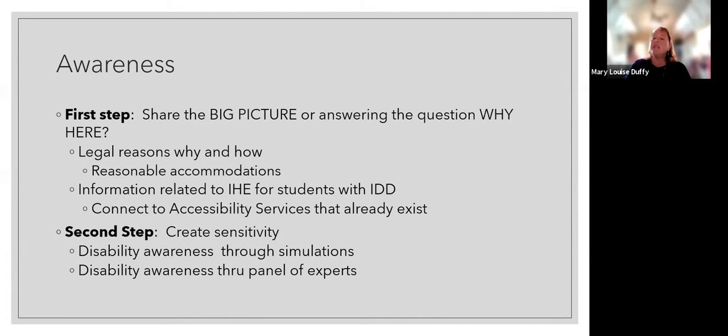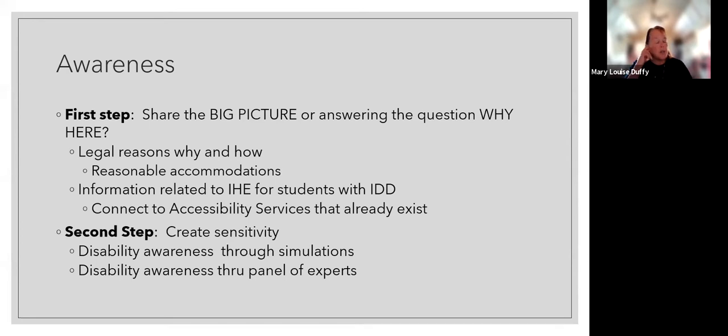You can hit them with the legal reasons. You can hit them with, oh, we need to do this because it's part of the diversity plan for the college. You can do that, but that's not necessarily the kindest way to go about it. Being hit over the head with legalities is not a friendly way to start the discussion about why people should be supportive of a program for students with intellectual disabilities.